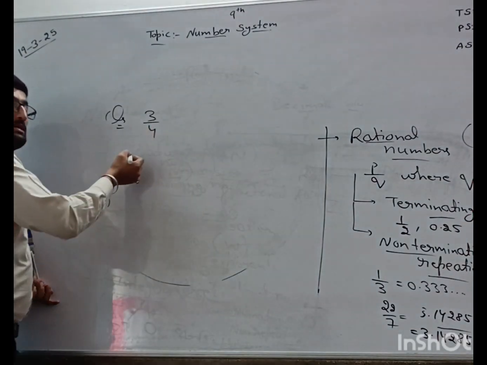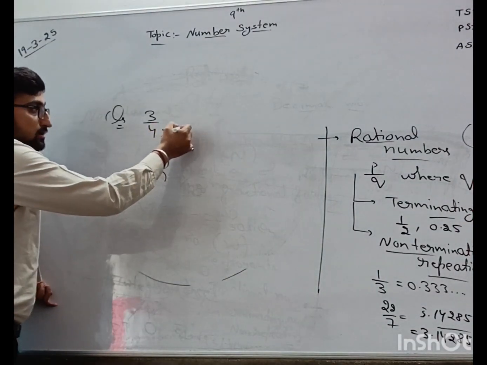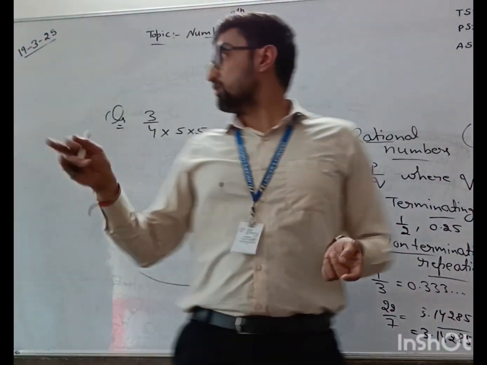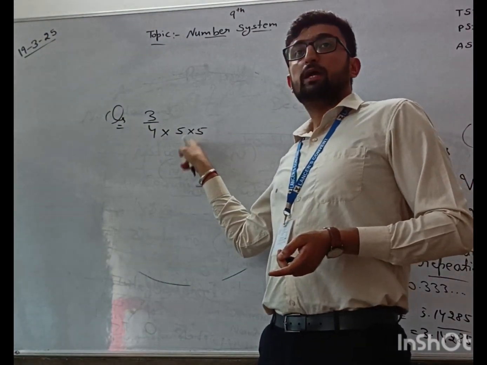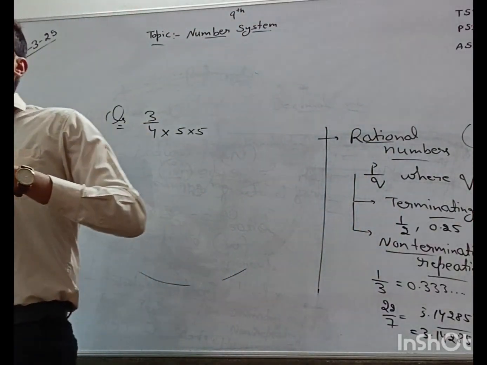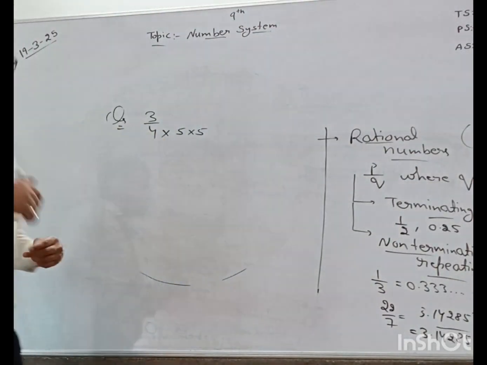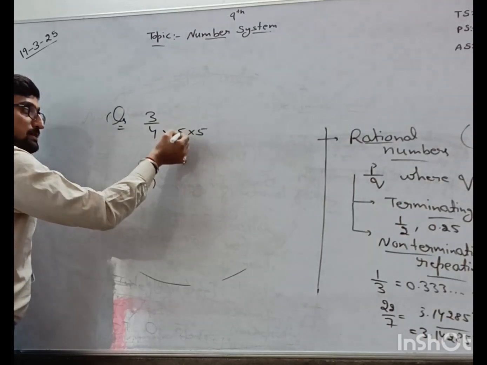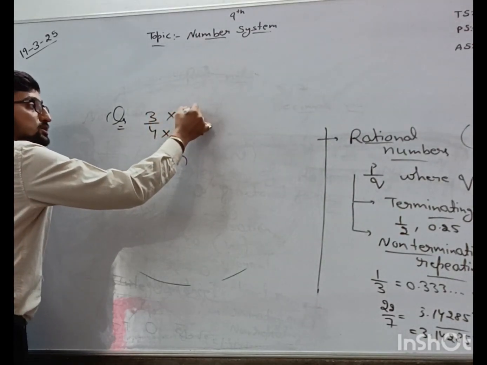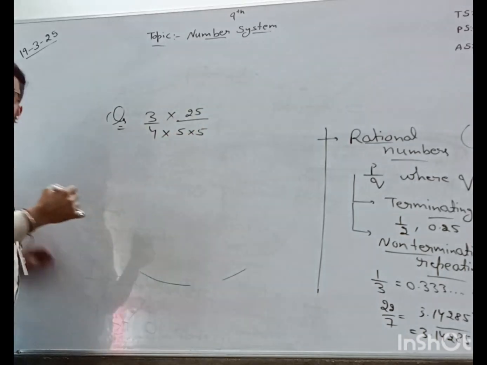We can directly multiply this 4 by 25. Why 25? Because 25 fours are 100. Since we have zeros in the denominator, we can directly put the point in place of the zeros. As we multiplied by 25 in the denominator, we have to multiply by 25 in the numerator also.